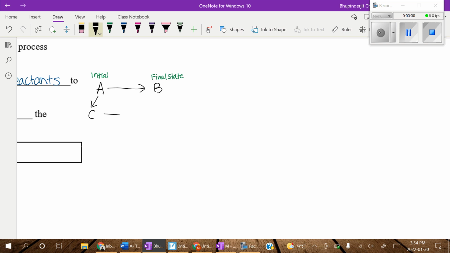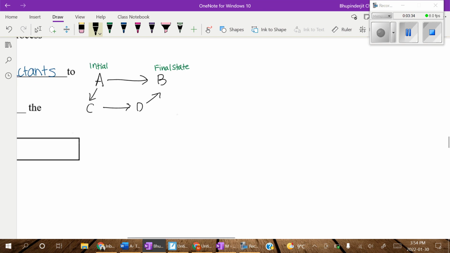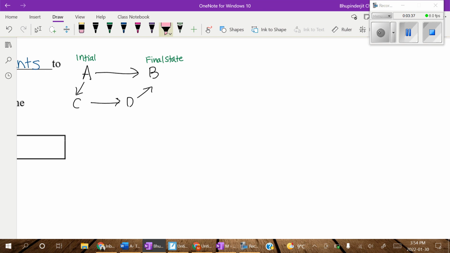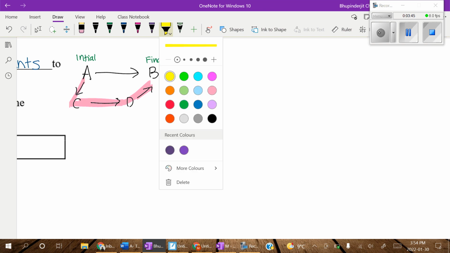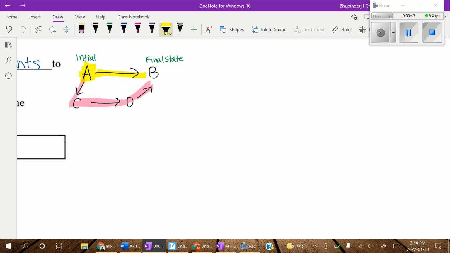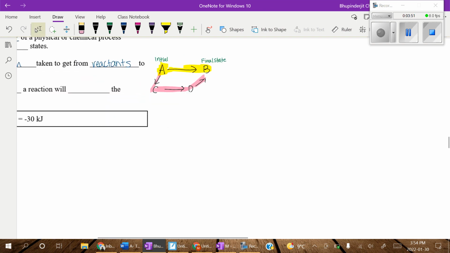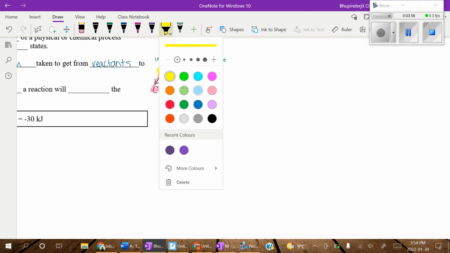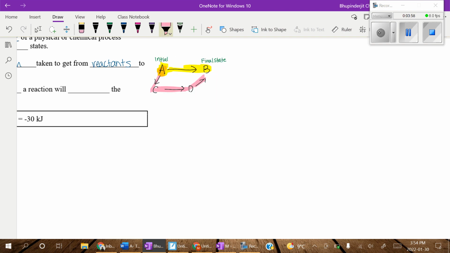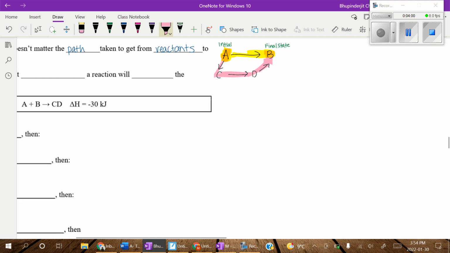So we went to C, then D, then to A. What Hess's law is saying is that even though we took a longer path to get from A to B, the pink path and the yellow path are the same because our initial and final state are also the same. So I'll just overlap those. There you go.